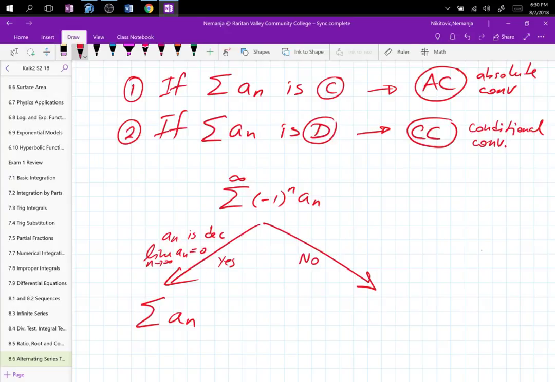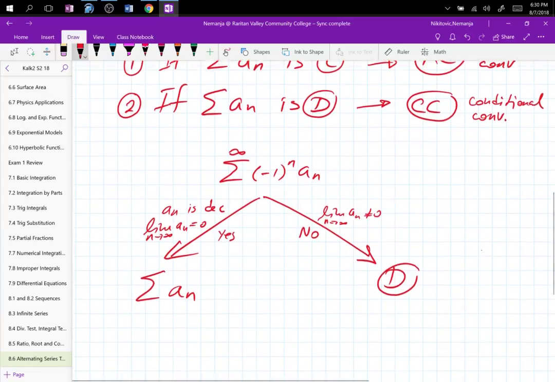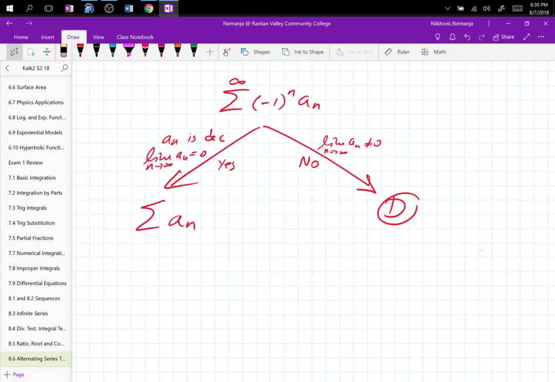If it's a no, meaning the limit of a_n is different than 0, then you have divergence, and it's the divergence test that pushes that. So you start with the problem, and then all you need to do is check what's happening with a_n. You take the limit of a_n. If it's 0 and if it's decreasing, you go on to the branch to continue with your alternating series.